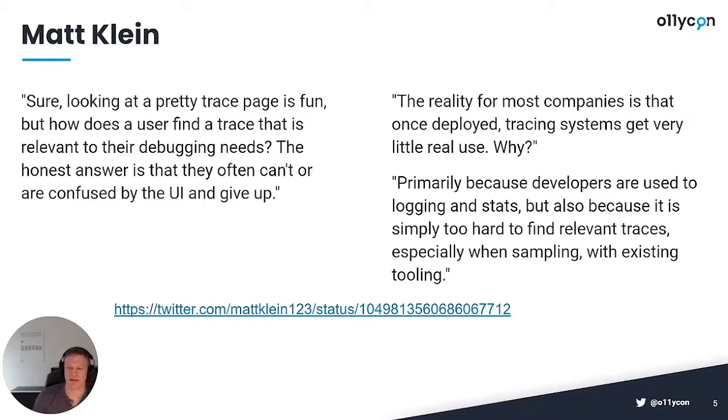Matt Klein in particular, this is from 2018, which kind of dates it, says, looking at a pretty trace page is fun, but how often does a user find a trace which is relevant to their debugging needs? He uses the phrase debugging needs and goes on to say they don't get a lot of real use, primarily because developers are used to logging and stats, and it's too hard to find relevant traces.